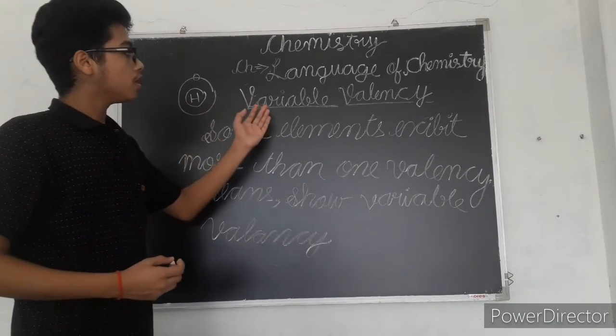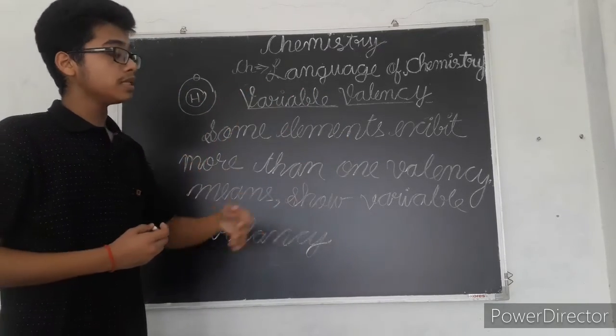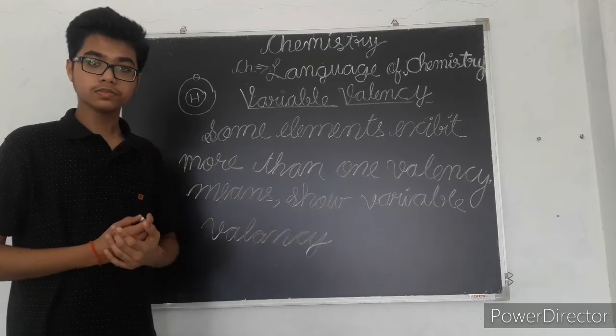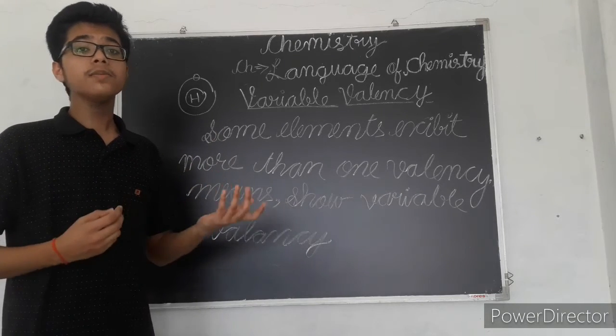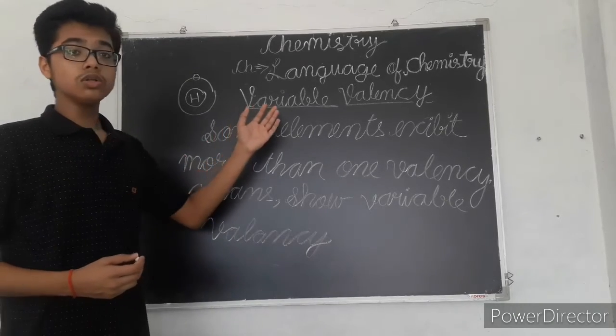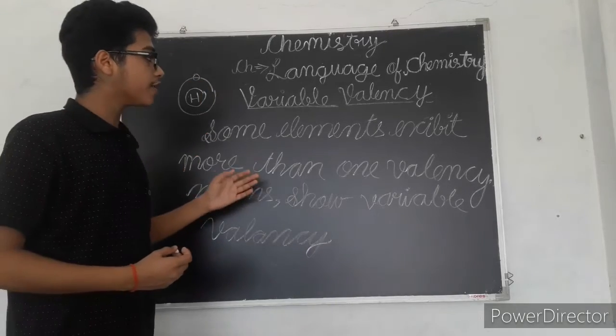So here we are studying variable valency. Variable valency means that some elements exhibit two valencies, so they exhibit variable valency. Let's read the definition.